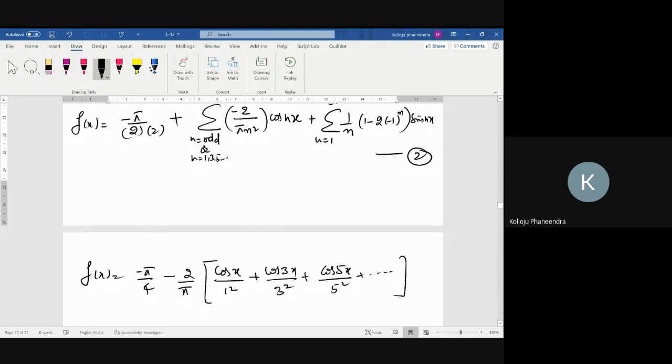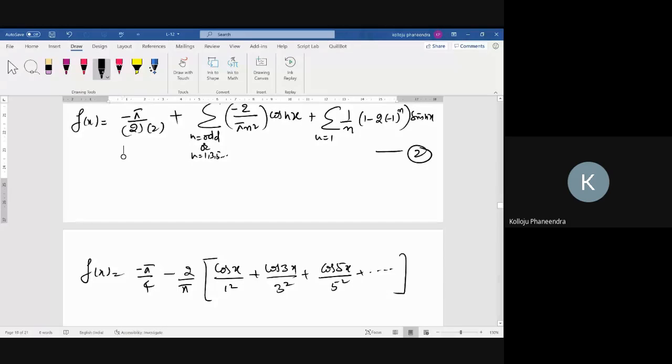And coming to the third one, what is that? Plus, n equal to 1. When I put n equal to 1, this is negative, minus plus 3 sin x. And n equal to 2, if I consider 1 minus 2, minus 1, so minus sine 2x by 2.